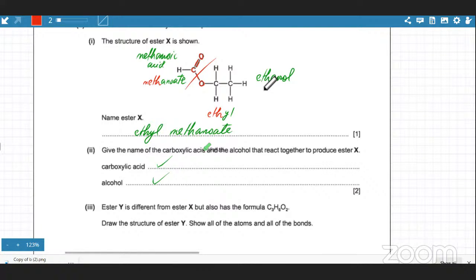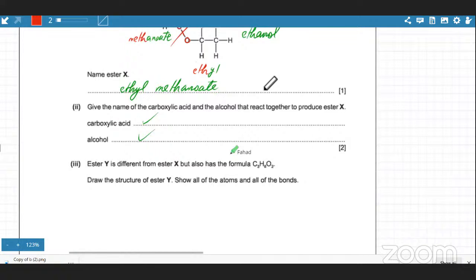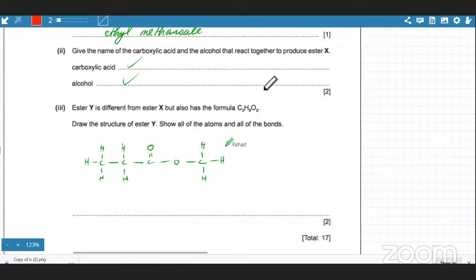So I can come up with another type of ester, and this side has three hydrogens. They're not asking me to name this, so I'm not going to name this.